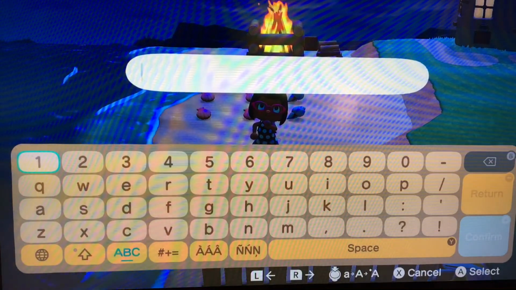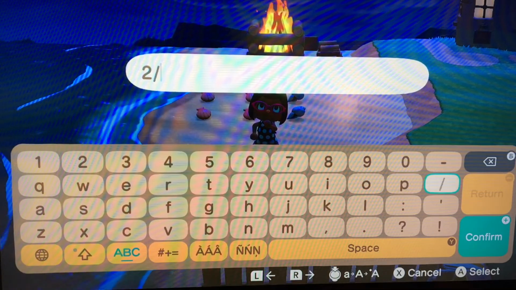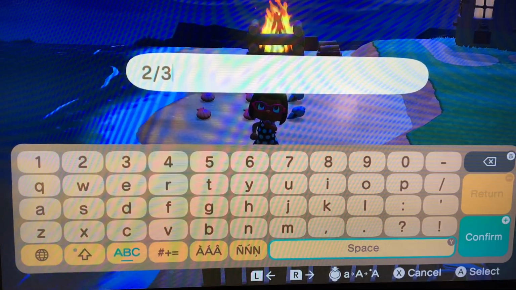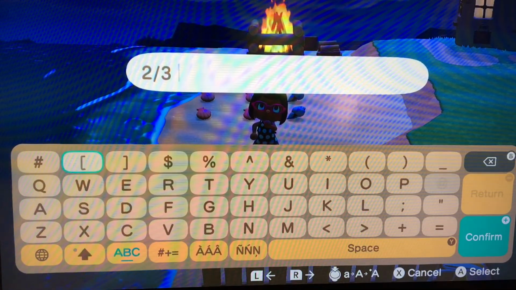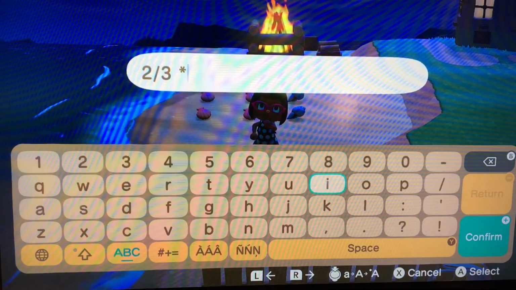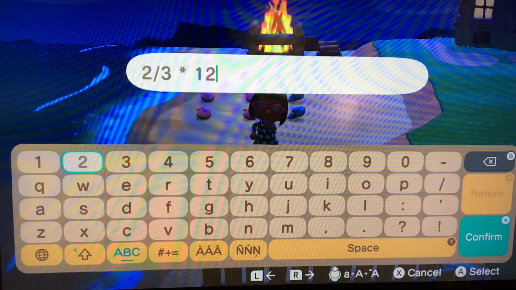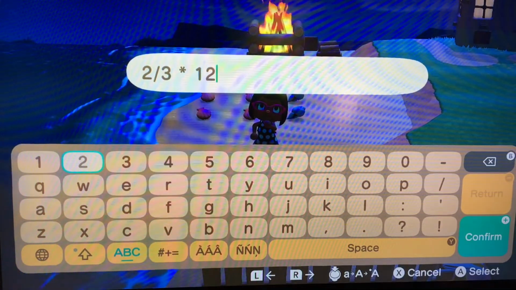So in order to do that, we take the chances of getting a cowrie, which is 2 out of 3, and multiply that by the number of times I'm going to pick up a shell. We're wondering about 12 times. So that's how you would do that calculation. 2/3, which is the probability, times 12.